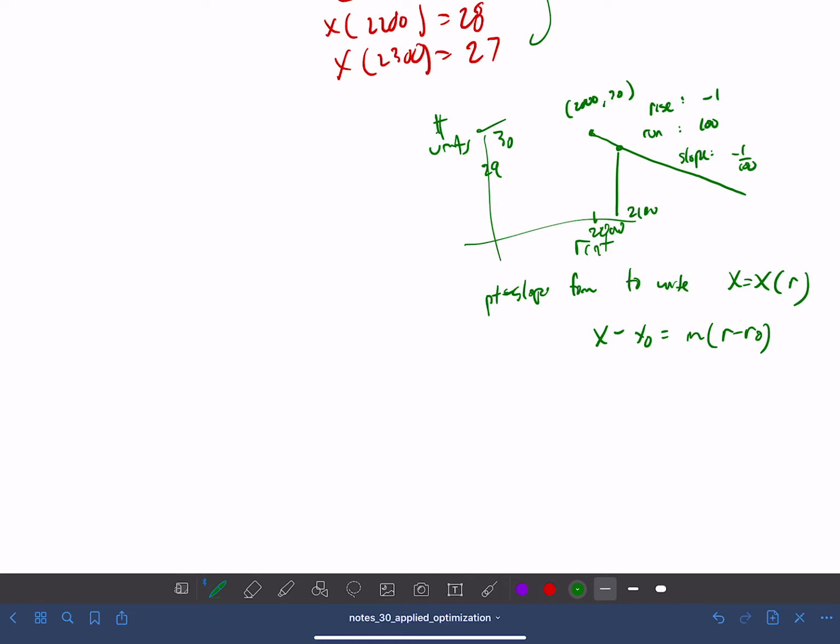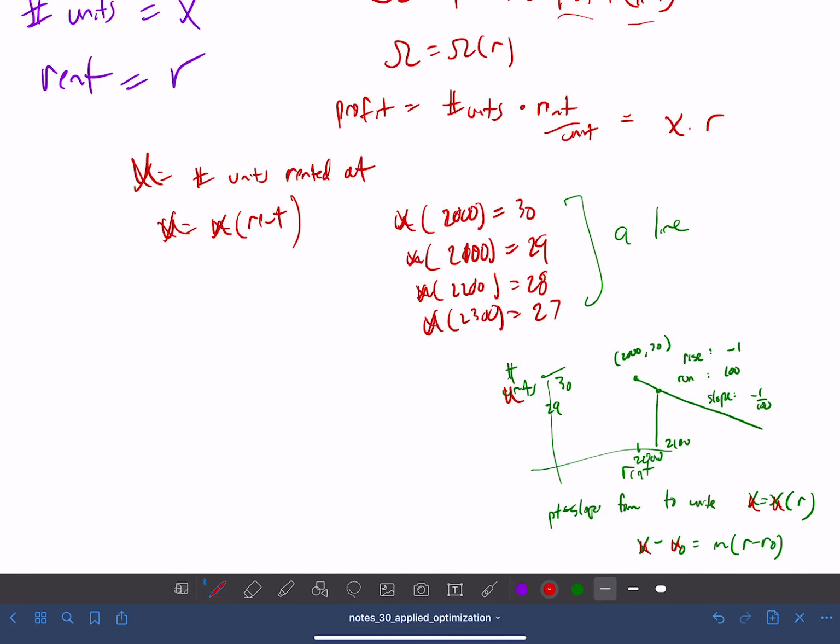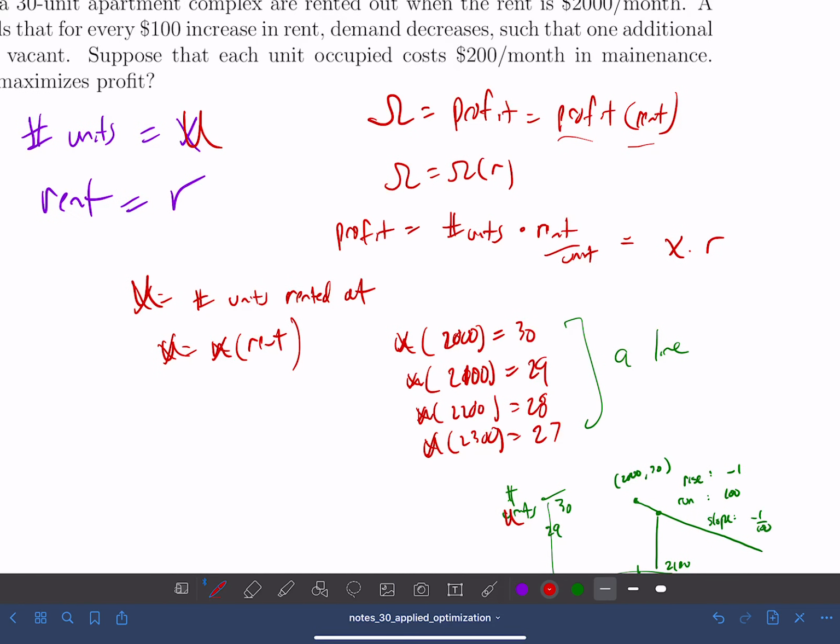So x is the dependent variable, and r is the independent. And if your mind is rebelling with that, you could always go u for units, because variable names are arbitrary, and it doesn't matter. It'll have no impact on the solution.